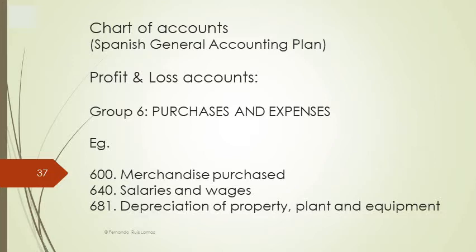The account 640, salaries and wages, expenses related to the remuneration of company employees, or the account 681, depreciation of property, plant, and equipment, which measures the systematic annual decrease in the value of tangible non-current assets upon use in the production process.